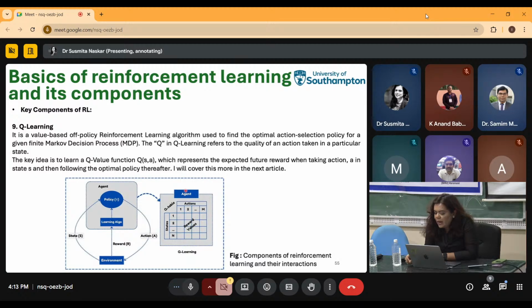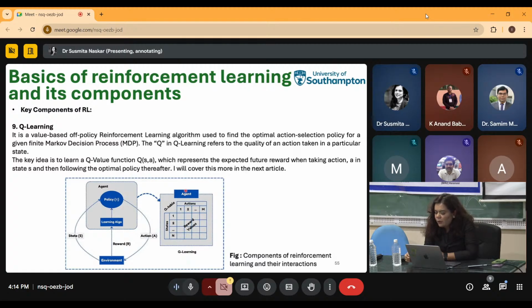This means that it learns the value of taking a certain action in a given state, even while following a very different policy for exploration. The purpose is to find the optimal action selection policy for a given environment for the agent. The Q in Q learning refers to the quality of the action taken in a particular state.